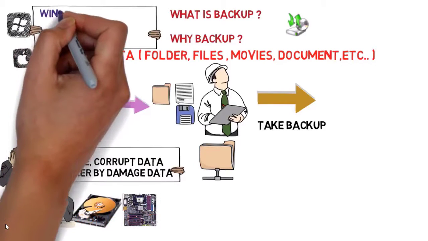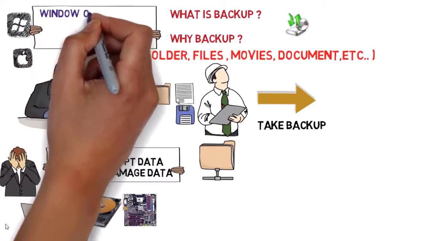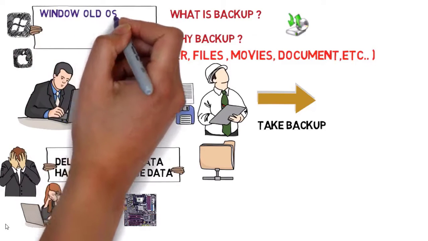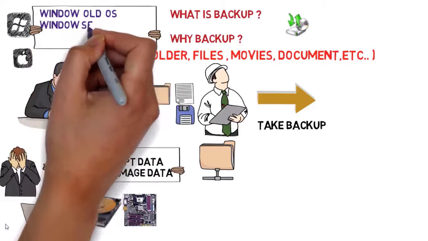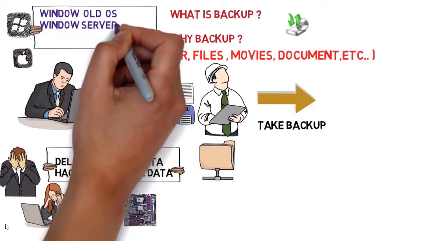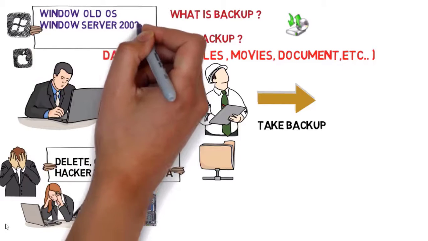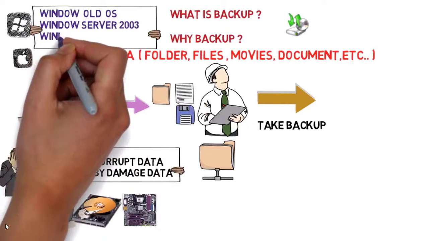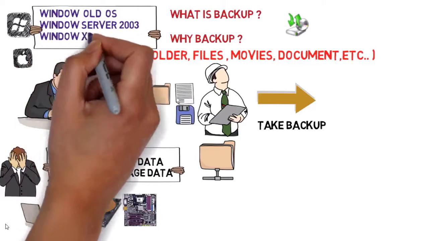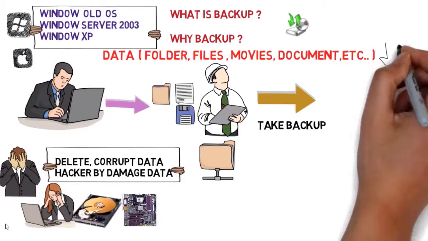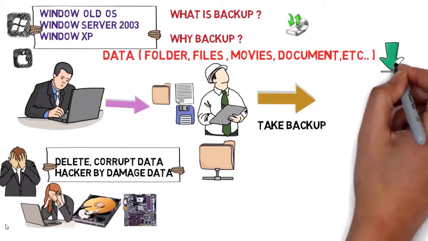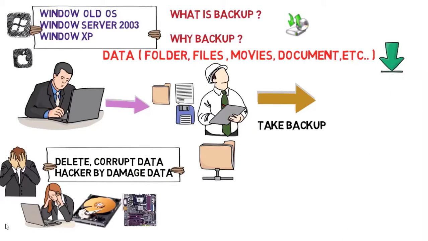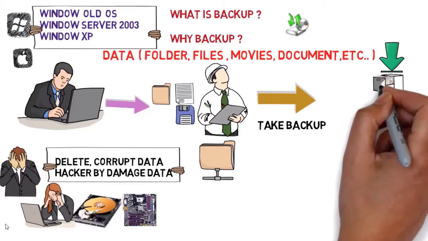First, old Windows OS did not have it: not available in Windows 95, not available in Windows 98. This started with Windows Server backup. Windows Server backup technology started after Windows 2003, and Windows XP had it, and backup is available in Windows Vista, Windows 7, Windows 8, Windows 8.1, Windows 10, and other operating systems have this type of technology.